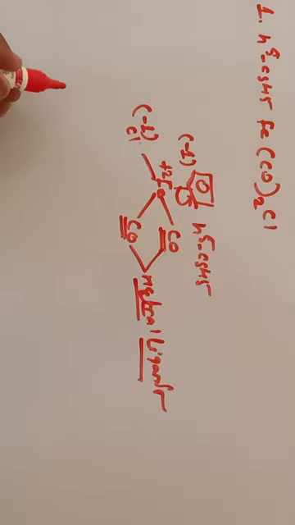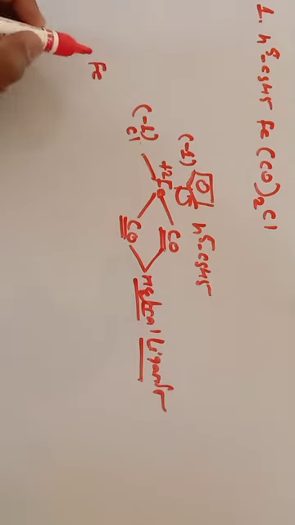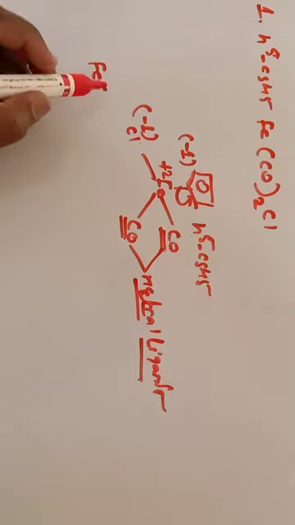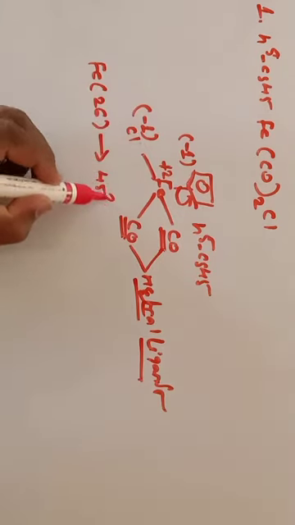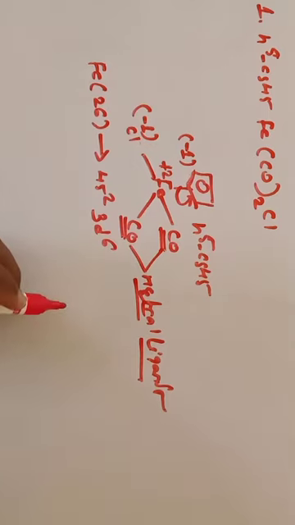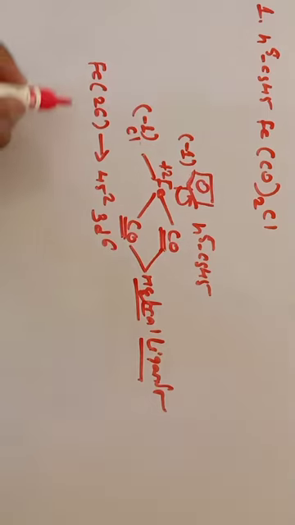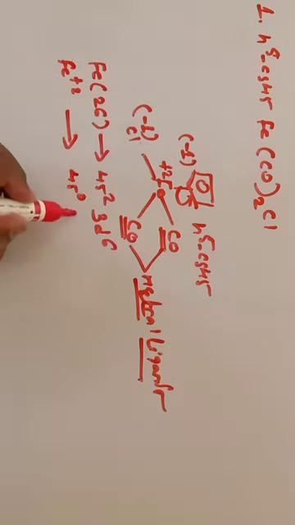Fe has atomic number 26, so its configuration is 4s2 3d6. Whenever Fe is in the +2 oxidation state, it is 4s0 3d6. So Fe in +2 contributes only 6 electrons.